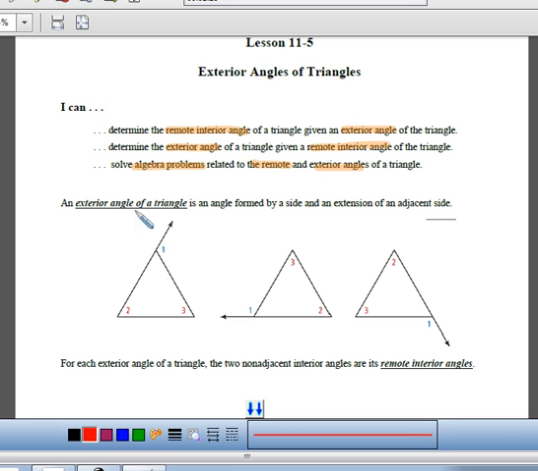An exterior angle of a triangle is an angle formed by a side and an extension of an adjacent side. Oops, let me underline that a little better. Now first I want you to understand what the word adjacent means. The word adjacent means next to.